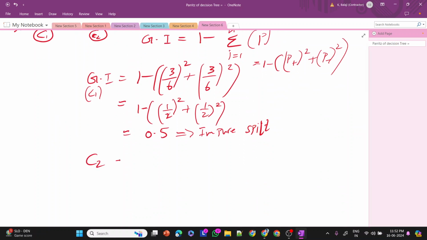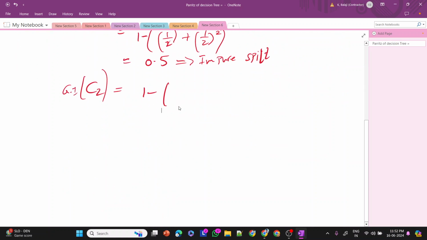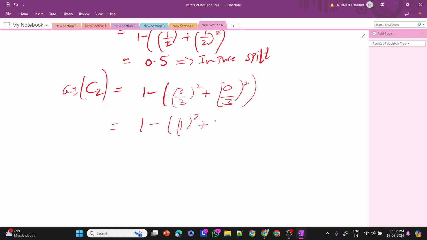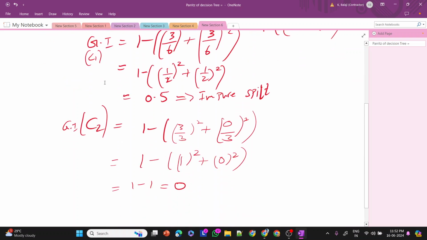Gini impurity for C2 is 1 minus, there are totally 3 yes and 0 no, that means 3 by 3 whole square plus 0 by 3 whole square, which is 1 minus 1 square plus 0 square, equal to 1 minus 1. We get 0. That means this C2 is a pure split.